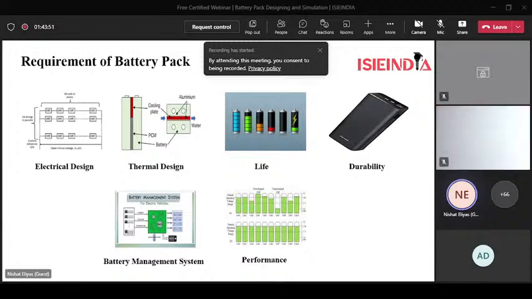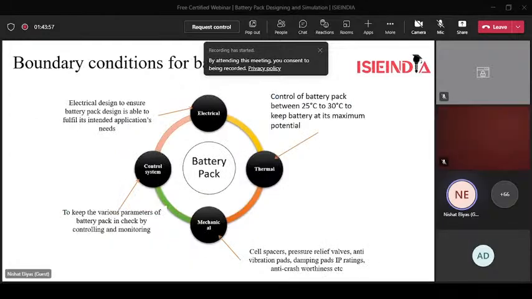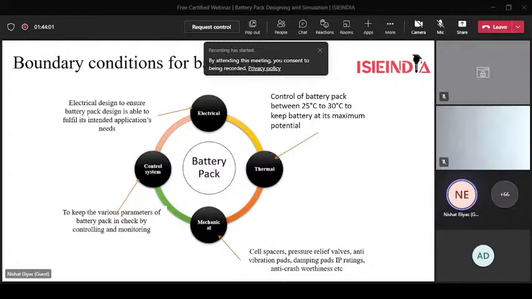These are some of the requirements of a battery pack. Some of the boundary conditions for the battery pack are its electrical design, thermal design, mechanical design, and the control system inside the battery which controls the current input and output and various other factors.